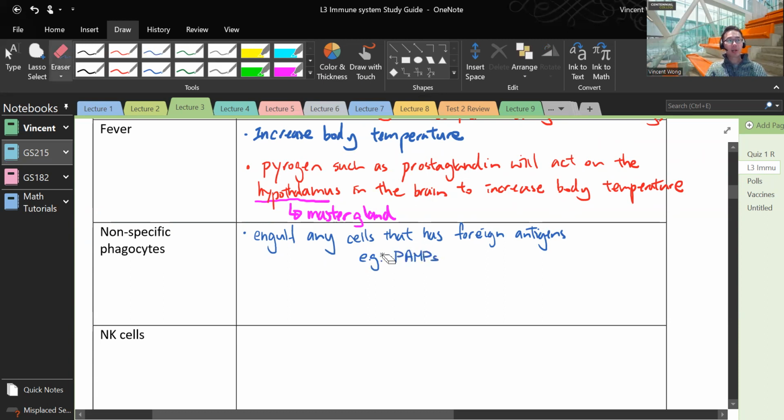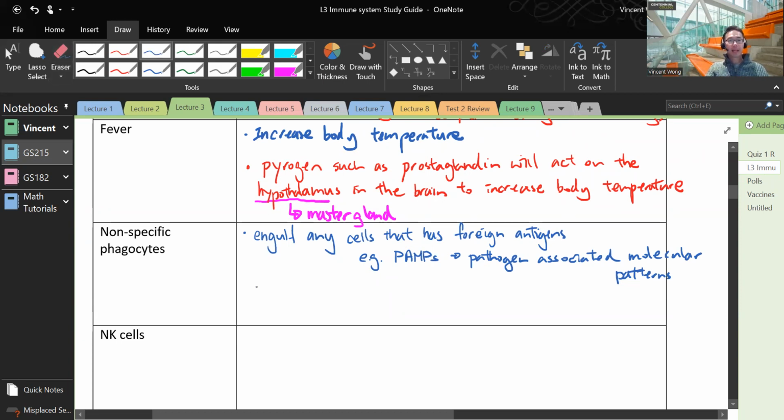Okay, so PAMPs are pathogen associated molecular patterns. These are a set of molecules that the white cells would immediately pick up and know that they are dangerous, and then they will eat up the cell.